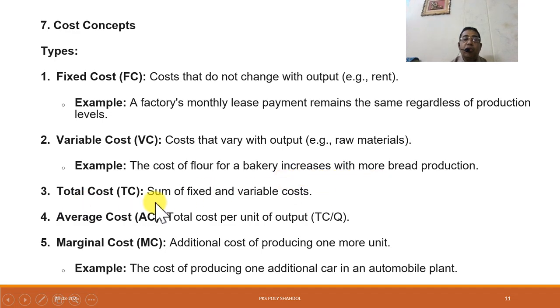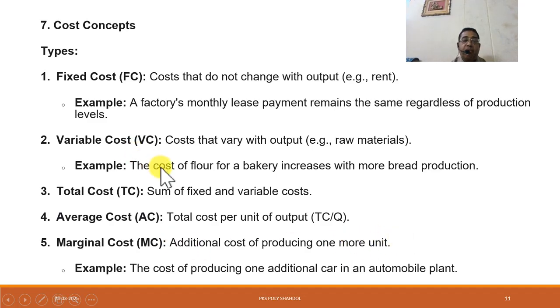Total cost means the sum of fixed and variable cost. Average cost means total cost per unit of output. After taking total cost, you divide by the number of production units, and you get the average cost.